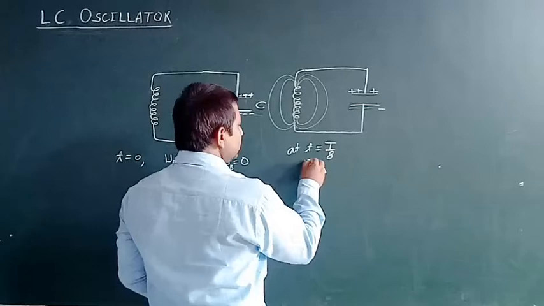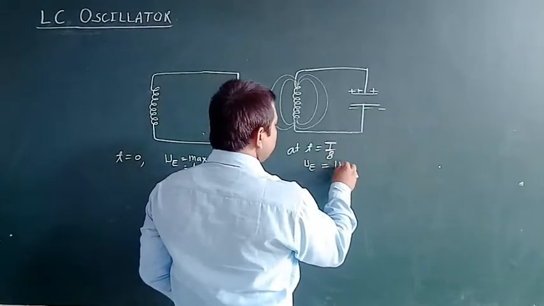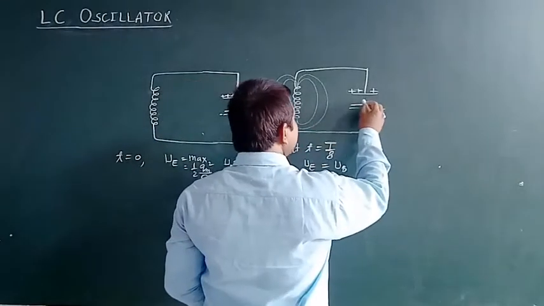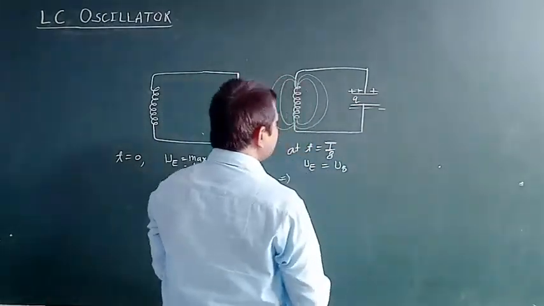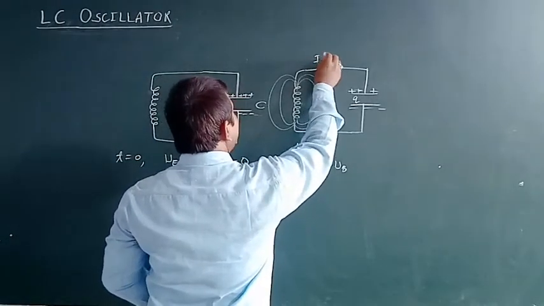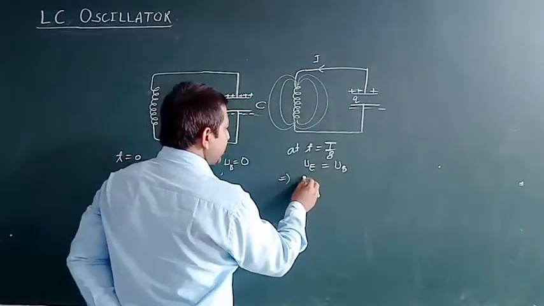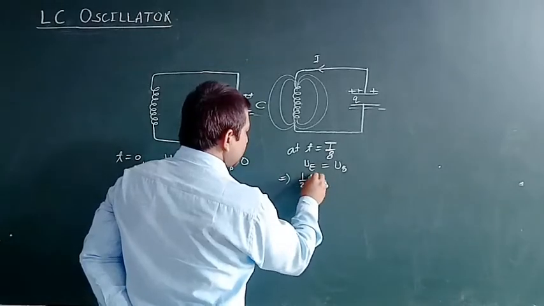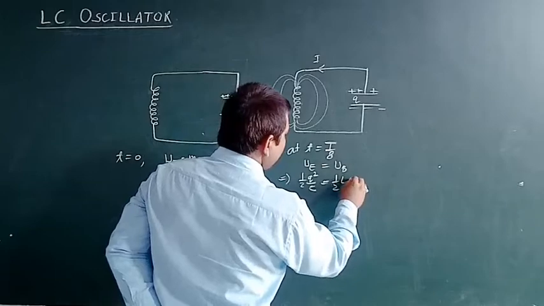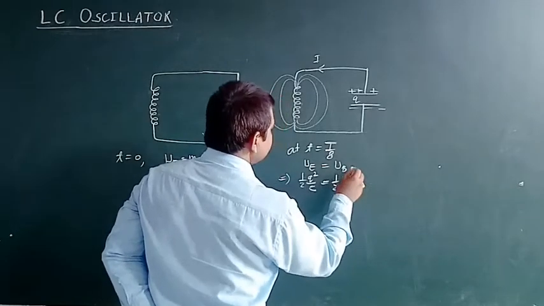It means UE is equal to UB, and you can write it as, if at that time the charge stored across the capacitor is Q and the current flowing through the inductor is I, then half of Q square by C is equal to half of L I square.